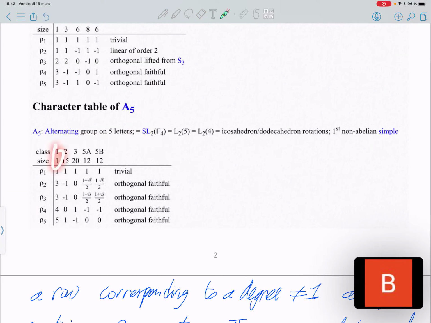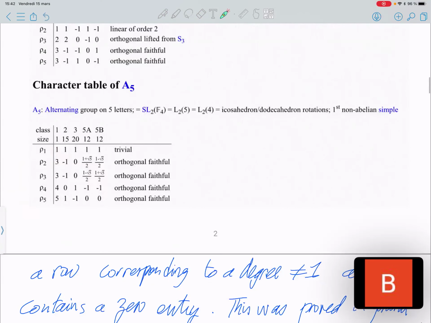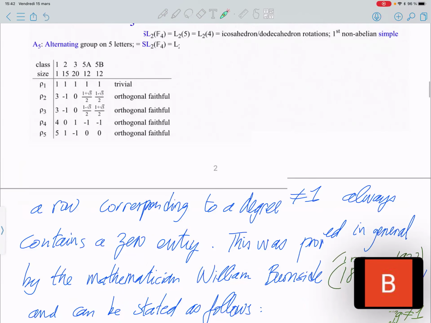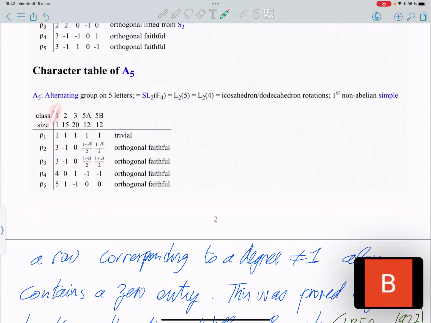In this case, the blocks are always one-dimensional. But what we are talking about, F0, corresponds to the first block. So this is the generalization of the first column of a character table.